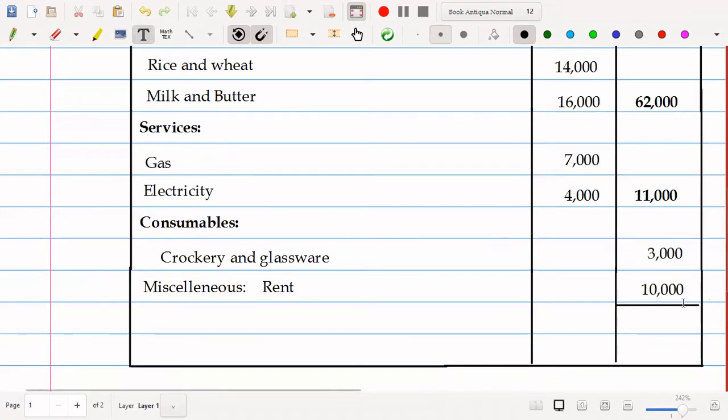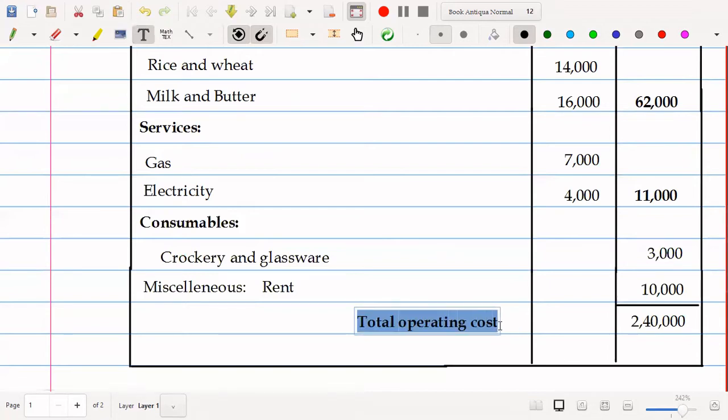It comes to 2,40,000. This is total operating cost. So one thing is found out now.